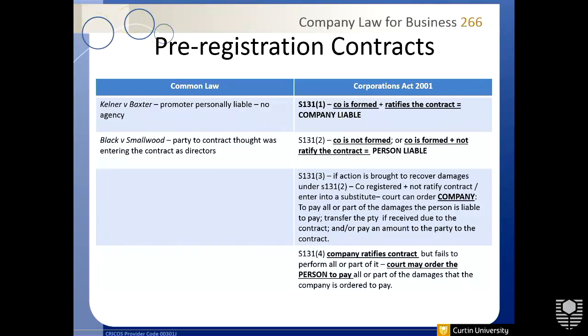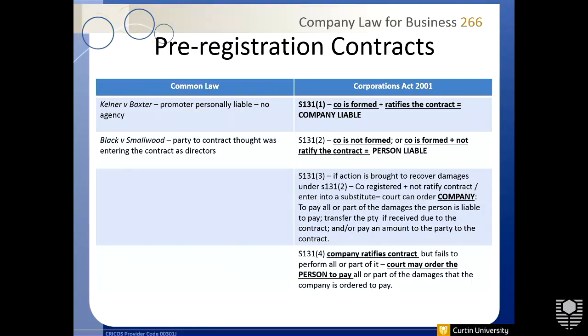Either order the company to pay all or part of the damages that the person is liable to pay, transfer the property if received through the contract back, or pay an amount to the party to the contract. So these are the remedies that can be obtained where the company has been registered but does not ratify the contract.